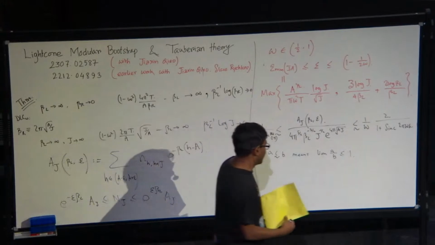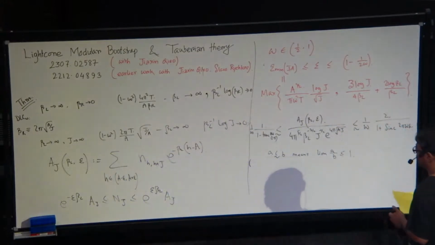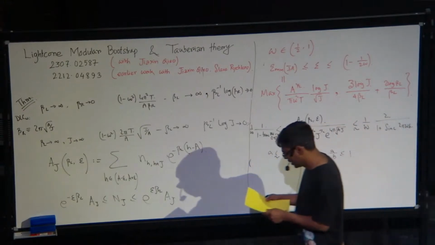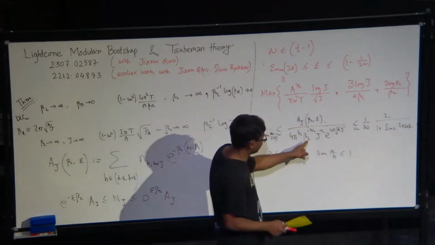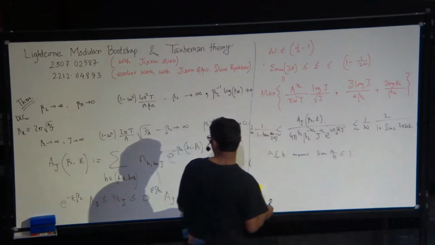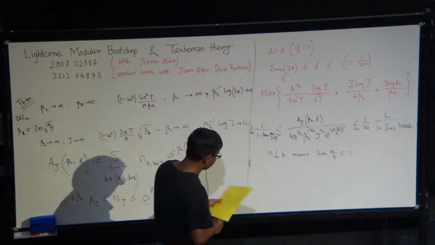And to derive the expression for Nj, which I erased, you have to appropriately choose beta L and epsilon so that all these conditions are satisfied.